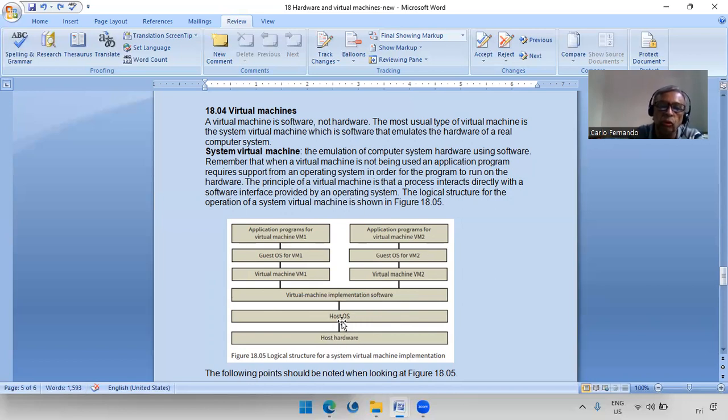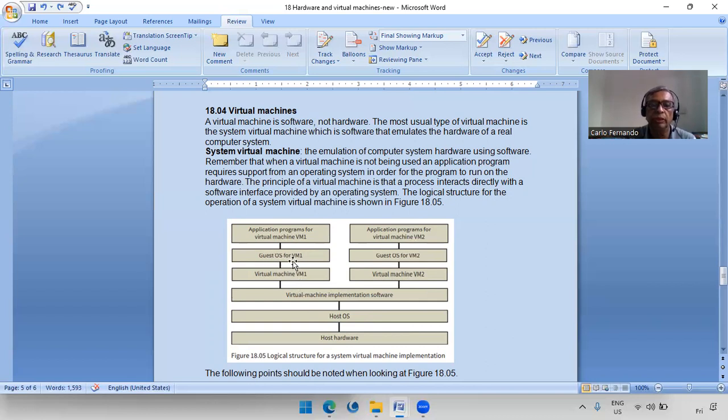So there is the hardware, the host OS, the original OS. Then there is software with which you can make two machines virtual: virtual machine 1 and virtual machine 2. First the machine, then the OS, the guest OS. This is the host OS; host and guest, somebody coming from outside is the guest.